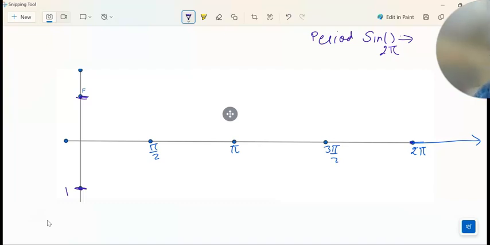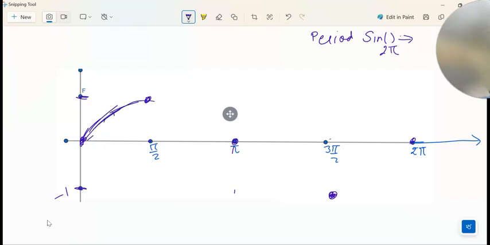So the graph of sine: sine 0 is 0, sine 90 is 1, sine pi is, sorry, I made a mistake here. Sine pi is 0, then it goes to minus 1, sine 3 pi by 2 is minus 1, and back here. So we have the regular graph of sine.